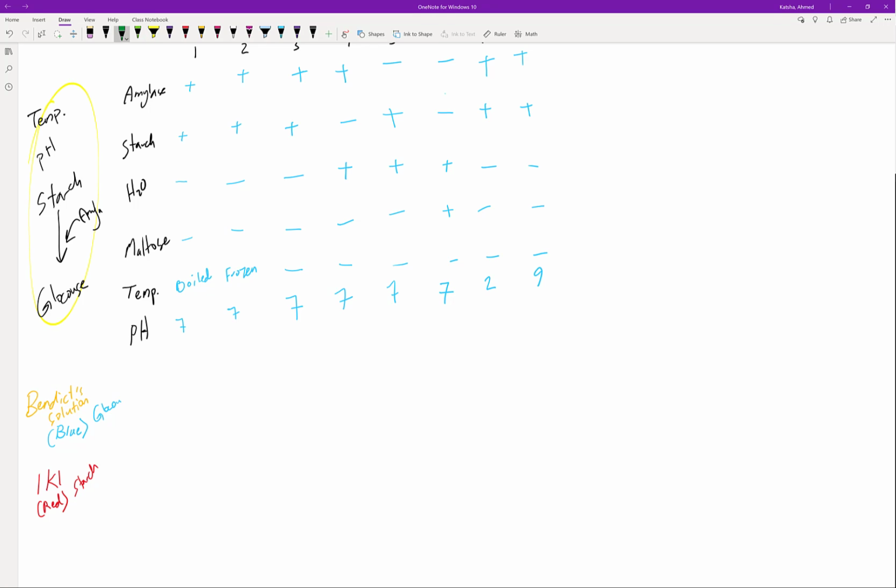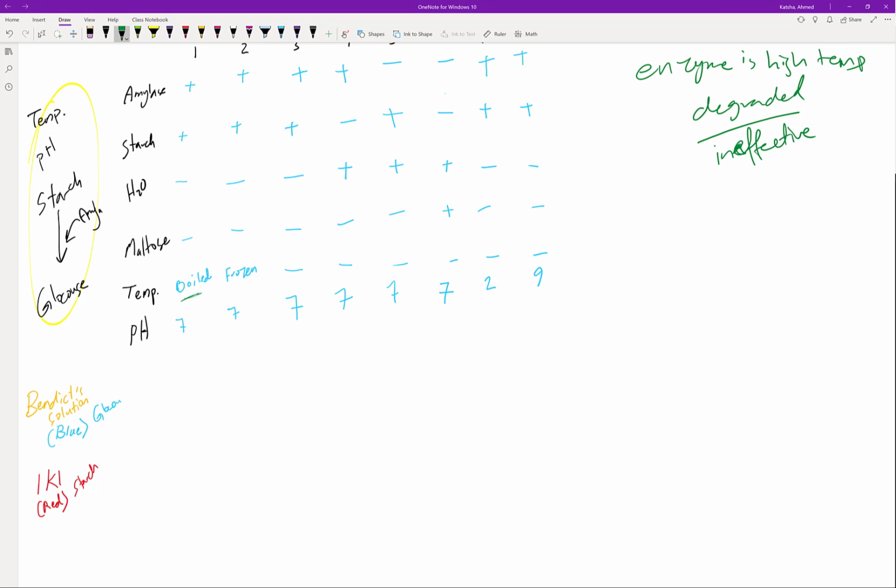We need to keep all of these in mind when we are checking the results of the tubes. For the first tube, we have amylase and we have starch, but the temperature is boiled. The enzyme in high temperature will get broken. You know, enzymes are proteins. In high temperatures, they will get degraded, so they're ineffective or not active anymore.